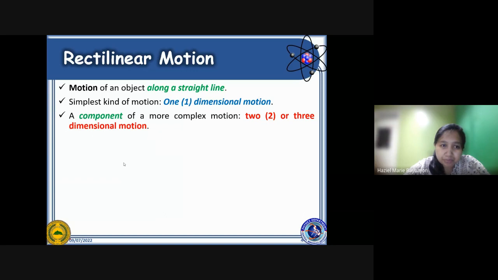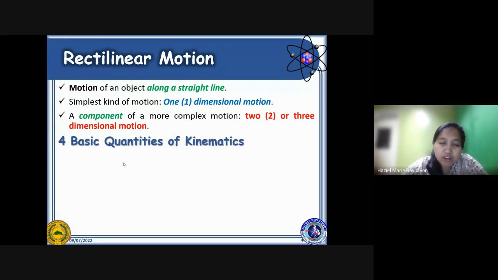Okay? Now, rectilinear motion can be a component of a more complex motion. So, we can also have two-dimensional or three-dimensional motion. So, as we progress with this discussion, we will encounter or describe two-dimensional motions later.